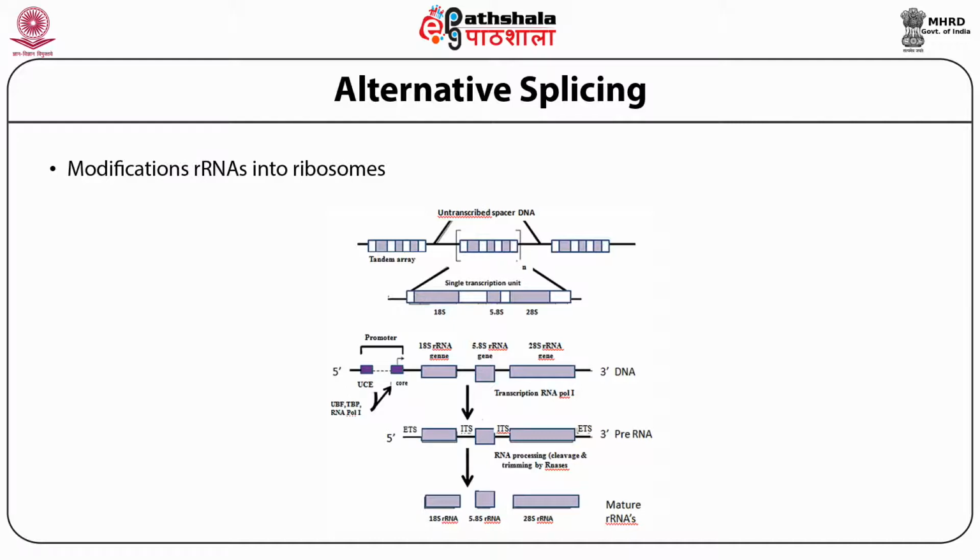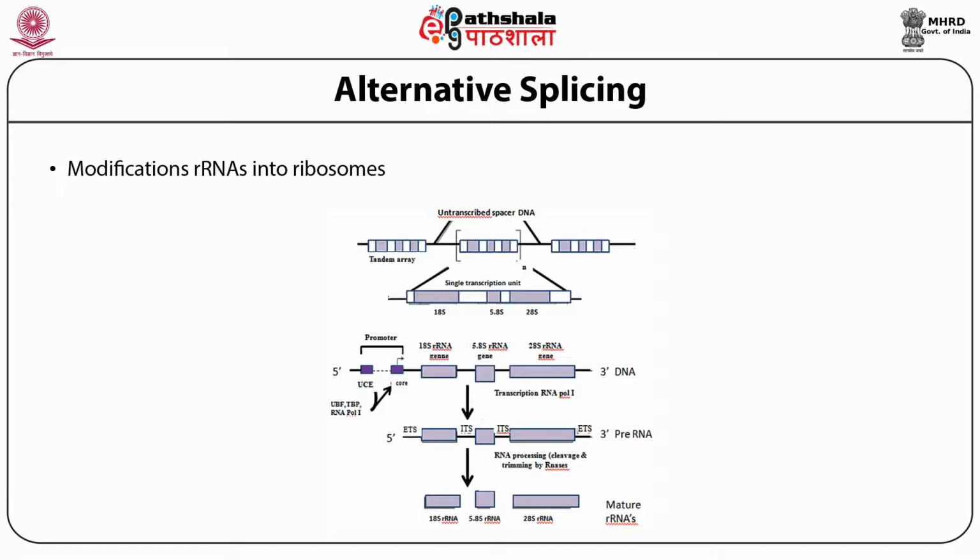RNA polymerase 1 transcribes the entire unit within the nucleus. The promoter is present upstream of the 18S rRNA gene at -31 to +6, having an upstream control element of size 50 to 80 base pairs.